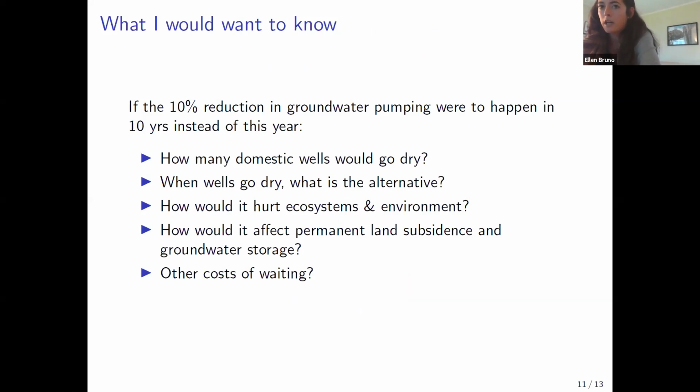How many would go dry? When those wells did go dry, what would the alternative water supply be? Because that would then be helpful for me to try to determine the costs associated with a well going dry. You need to know what would happen if it did, right?